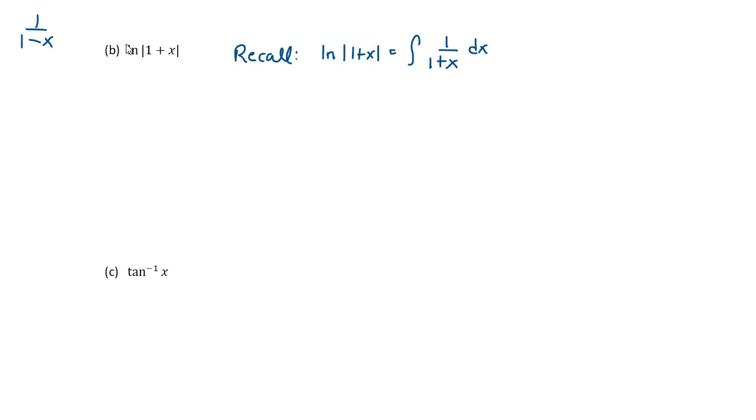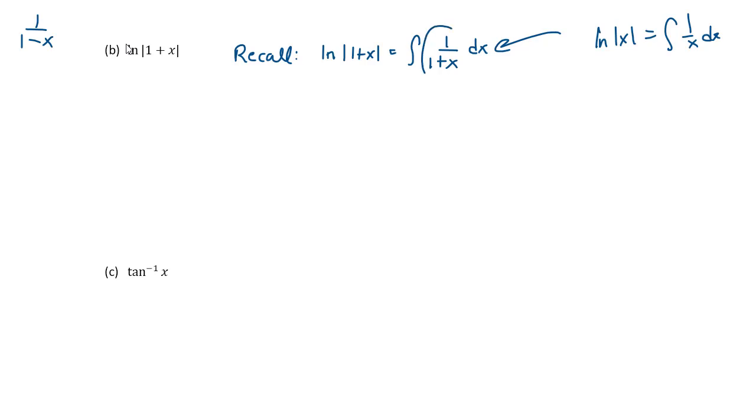And you're like, where did he pull that out of? Well, I kind of pulled it out of thin air, but it's something that I remembered. Natural logs have something to do with the derivative of a 1 over something, right? Natural log of x is the integral of 1 over x. So if there's a 1 plus x, then I got a 1 plus x.